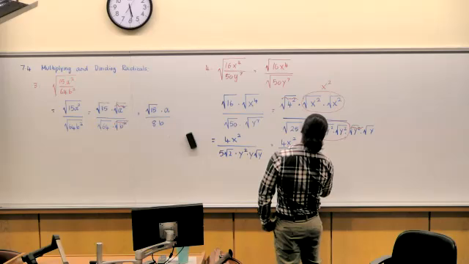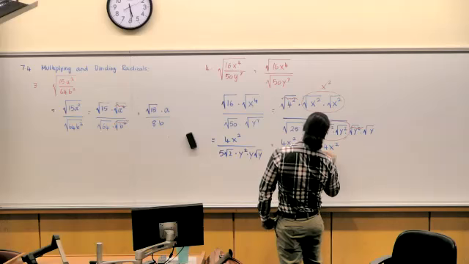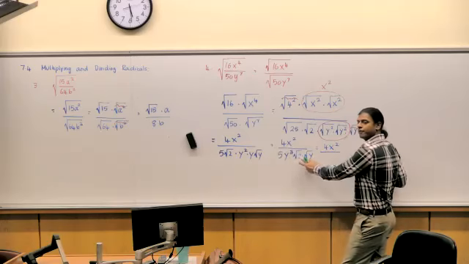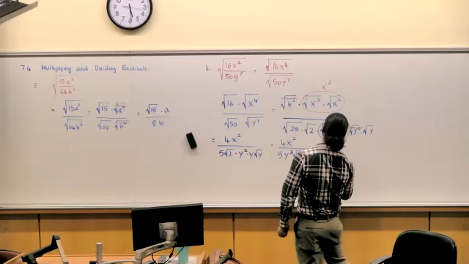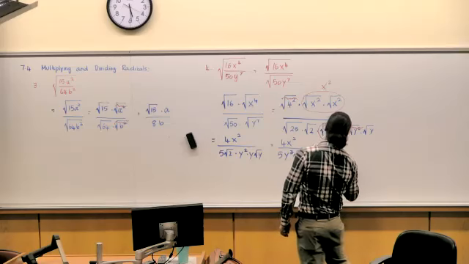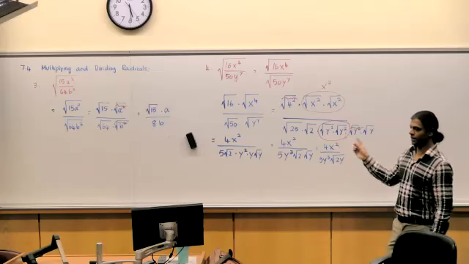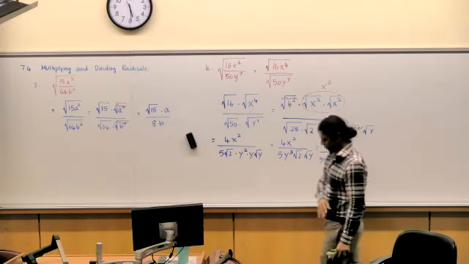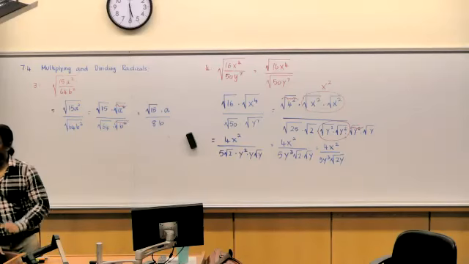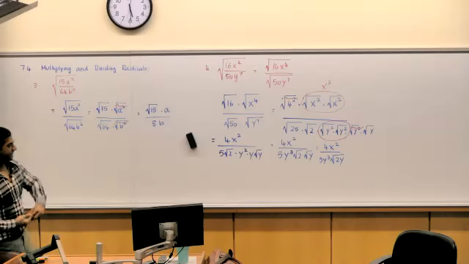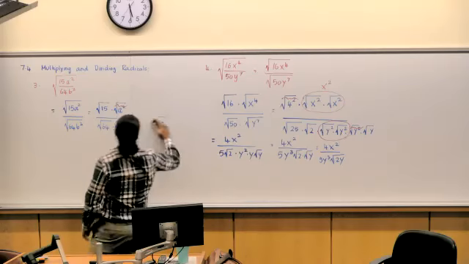Root 2 times root y. There is nothing much I could do about root 2 times root y, so I'm just going to write it as square root of 2y. That is one way of doing the problem. Another approach is to go with rational exponents, something that we did in 7.1.